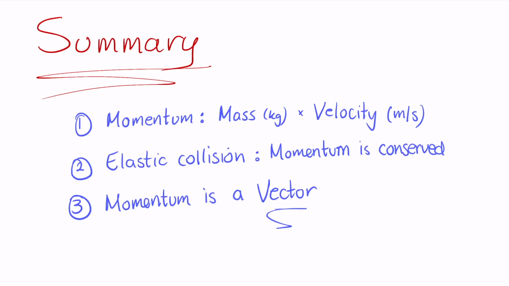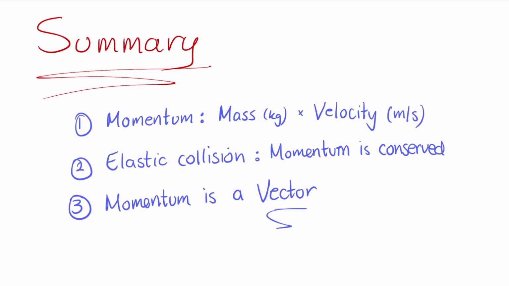So just as a final summary, with regards to the GAMSAT, it's important to know that momentum is essentially the mass times the velocity. You should also know that momentum is a vector quantity, meaning that it has a direction, and directions can be subtractive or summative. So in the last example, we saw that there were two positive momenta, so we can add them together for the final momentum.